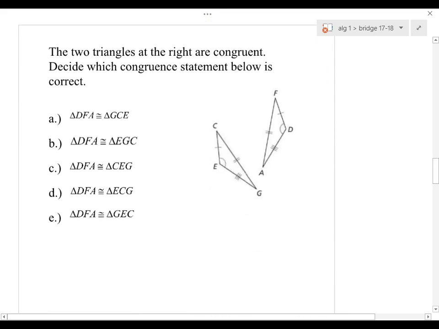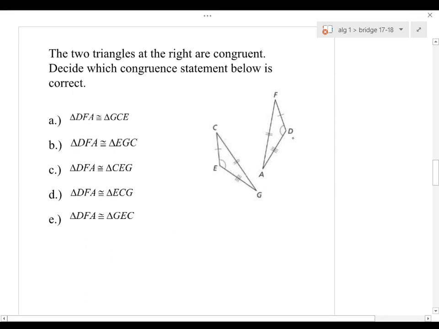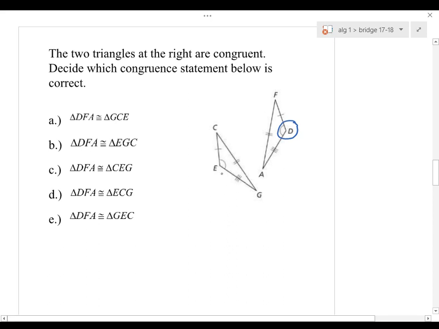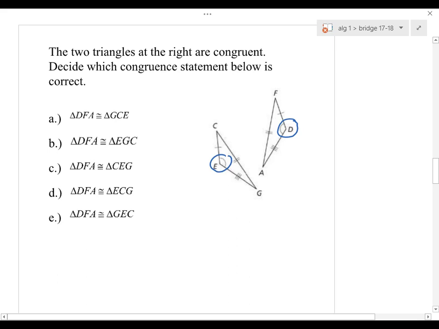So the next problem we have is just to find out what congruent statement below is correct. If you notice that all the triangles on the left side, they all start with D. So I'm just going to look at D. Right away, I can see that that corresponds with E. So the only one where I have D matching up with E is right here. So that's going to work, and so is this.